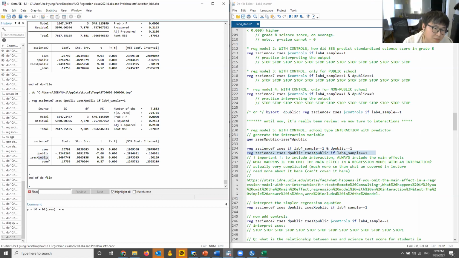And when you know that public is equal to 1, this is going to be 2.24947. And so you add these two terms that are common. And when it's public, you know that this term is going to go away, and the only variable with SES left is this one. And this is the relationship between SES and science for people in private school.